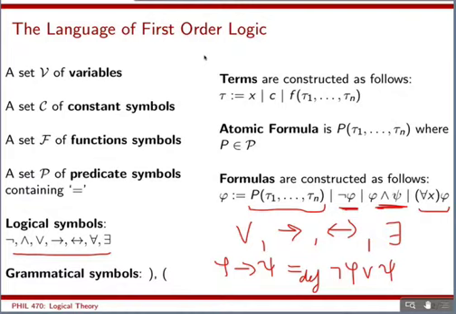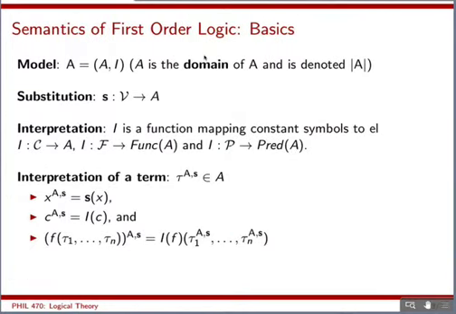Well, actually, we only have conjunction in our language, so this really should be not phi and not psi. So phi implies psi is just going to be defined to be, it's not the case that phi is true and psi is false. Okay, so that's our language.